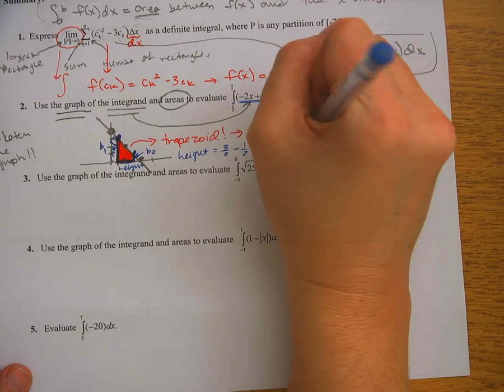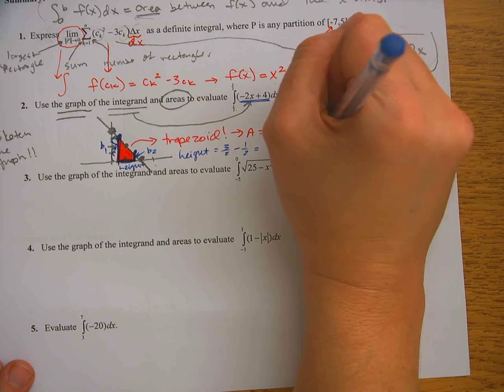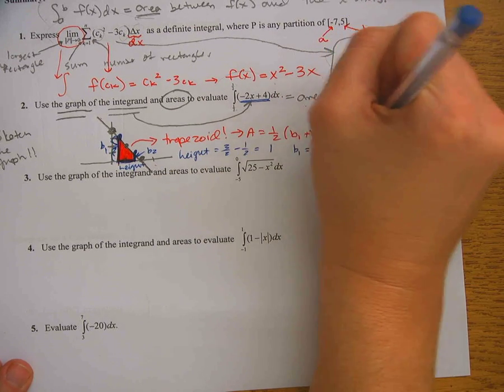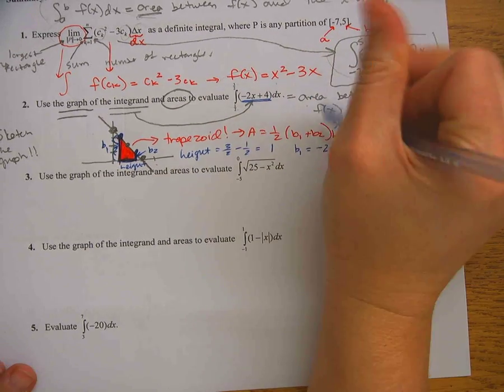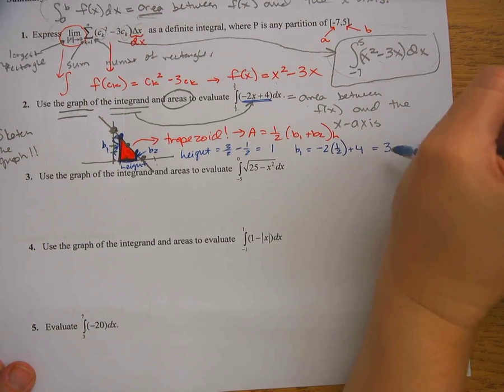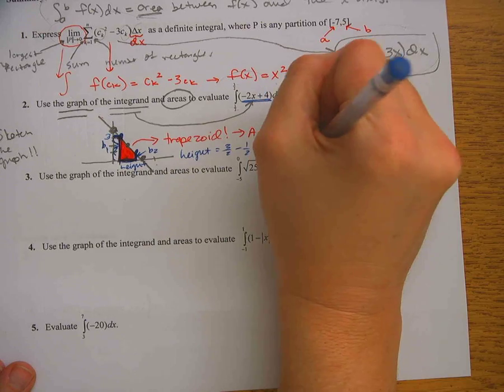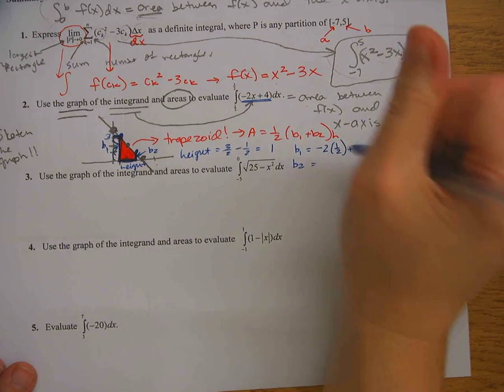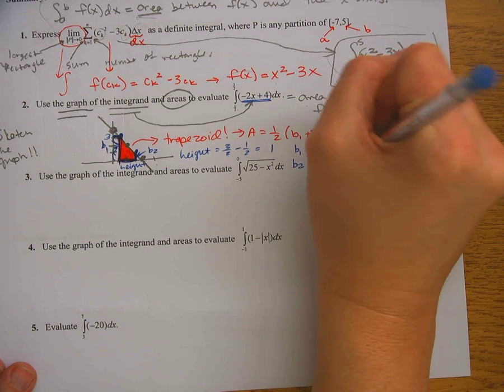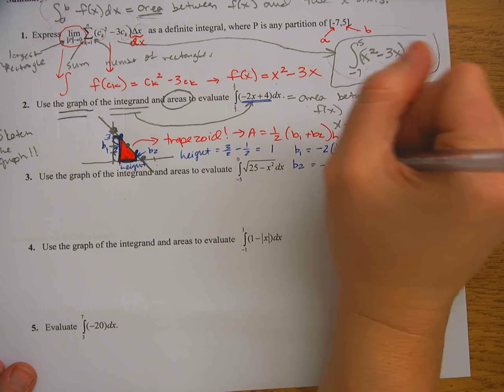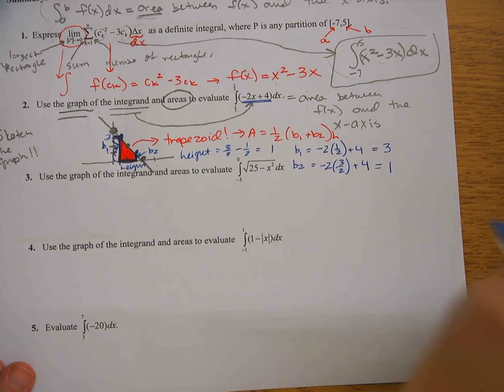So base 1 is going to equal -2 times 1/2 plus 4. So that's -1 plus 4 is 3, which I can see hits right at 3. Base 2 of this trapezoid is where 3/2 hits the curve. So that's going to be -3 plus 4 is 1.